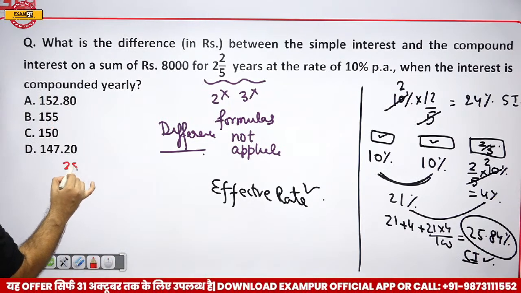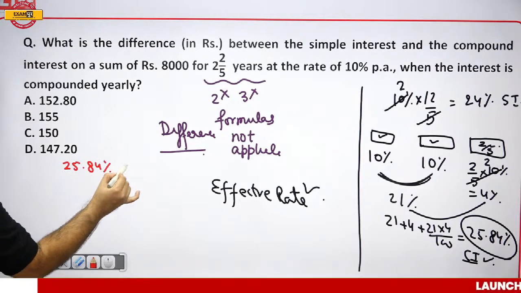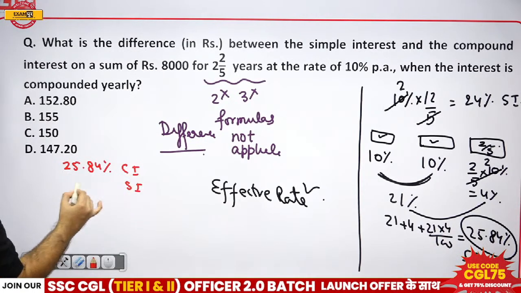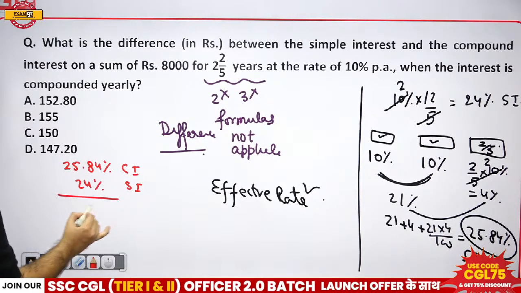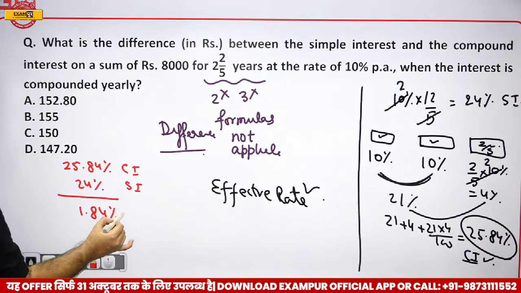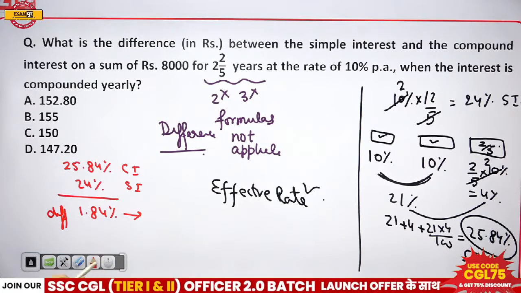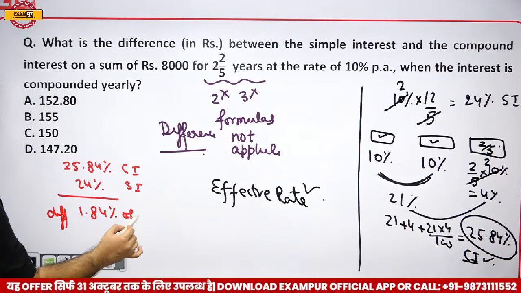So if CI is 25.84% and SI is 24%, the difference is 1.84%, which is difference over principal. So you have to calculate 1.84% of 8,000.